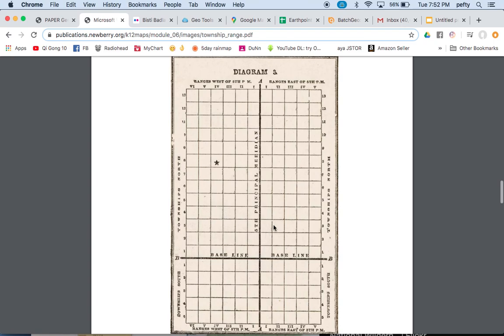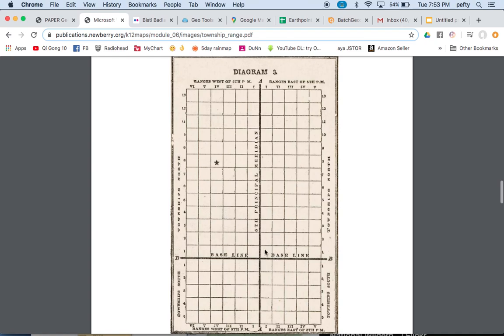You can figure out which of these boxes you're in if you know where the baseline is, if you know where the principal meridian is as far as range goes. So again, townships measure north and south, 3 townships north would be T3N, 4 townships south would be T4S, and similar with E and W for range.